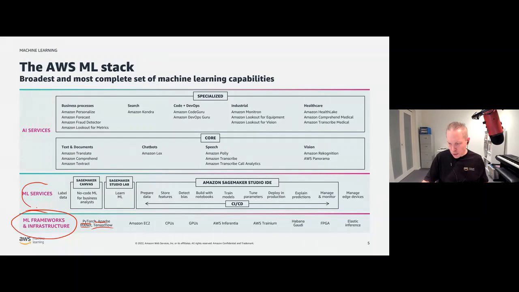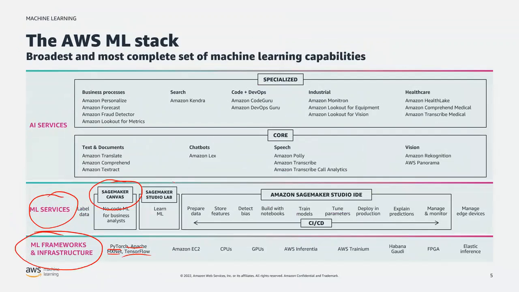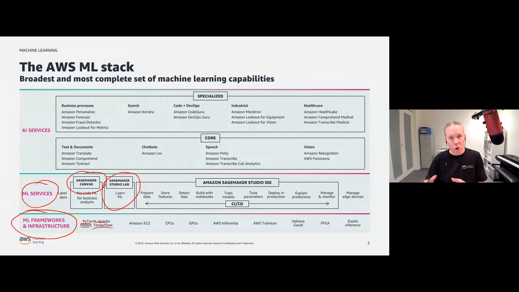The middle layer is really what we're demonstrating today with Amazon SageMaker. There are really three components here. There's SageMaker Canvas, which is designed for business analysts, and it's a no-code machine learning engine. It's all visual. We then have SageMaker Studio Lab, where you can learn machine learning. And what you just saw at the beginning of this demonstration was the Amazon SageMaker Studio Integrated Development Environment, or IDE.